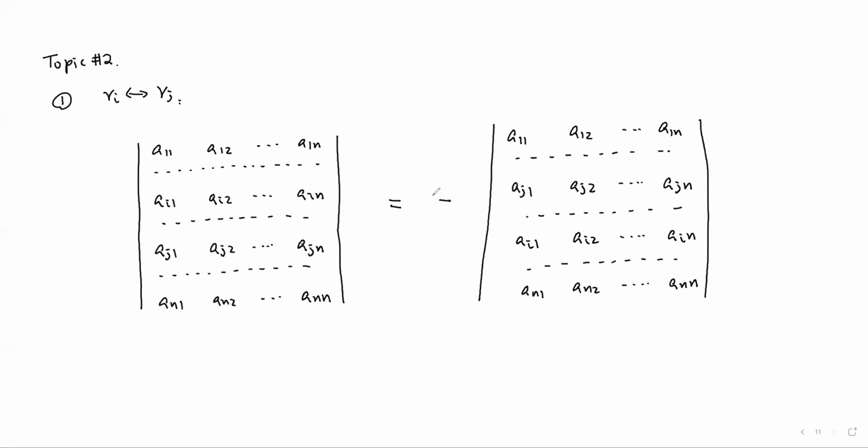Then how about a number times one row? How does it change the value of a determinant?